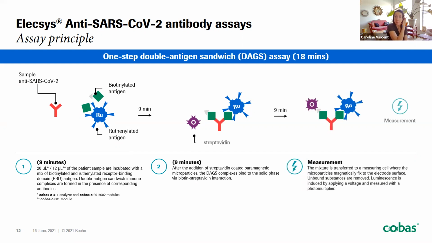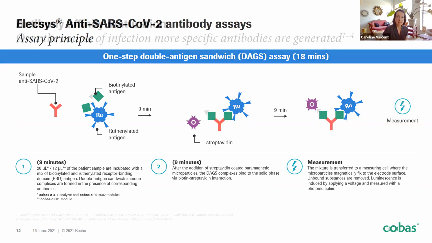Finally, the mixture is transferred to a measuring cell, where the microparticles will magnetically fix to the electrode surface, and luminescence will be induced by applying a voltage to the electrode and measured with a photomultiplier. That's how we're measuring the signal and the presence of antibodies in the sample.